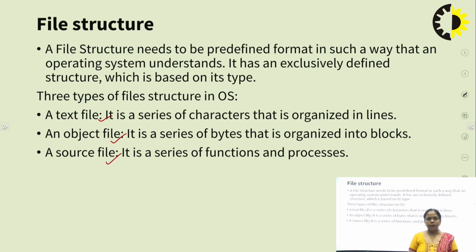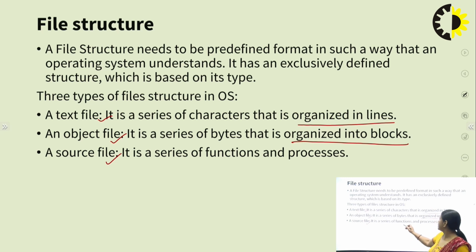What is the meaning of text file? It is a series of characters that is organized in lines. Now next is an object file. It is a series of bytes that is organized into blocks. And next one is source file. It is a series of functions and processes. So we can have these three different types of file structure in our system.